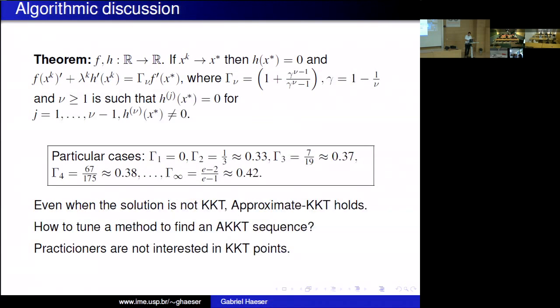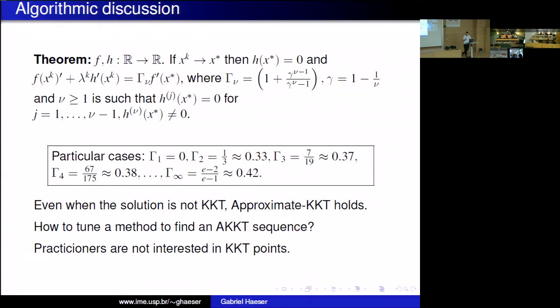Okay, but what is interesting is that even when the solution is not a KKT point, it is an approximate KKT point. So you must be able to modify an algorithm such that it finds an approximate KKT sequence. For this method, with this simple constraint, the paper that does this job in fact does that.